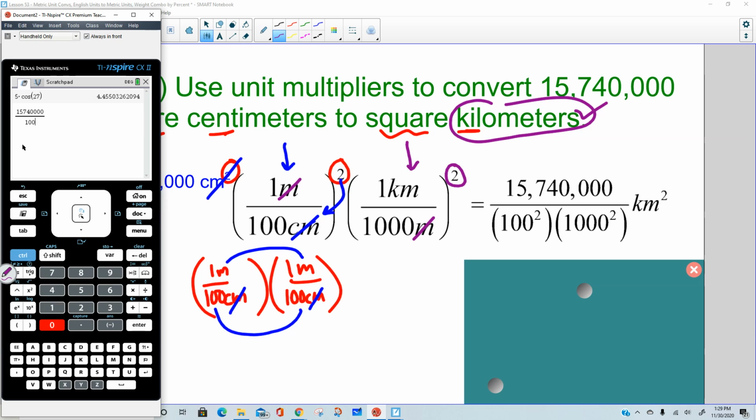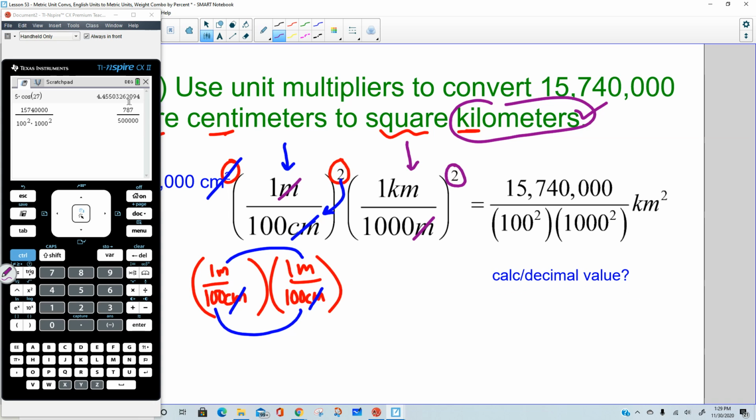So let's put this in and see what we get. We've got 100 squared, and so I can use my squared key. Okay, and then I have times 1,000. Square that again. Okay, so I'm ready to go. And when I hit enter, I get a fraction. Well, that's not okay. I don't want a fraction value.